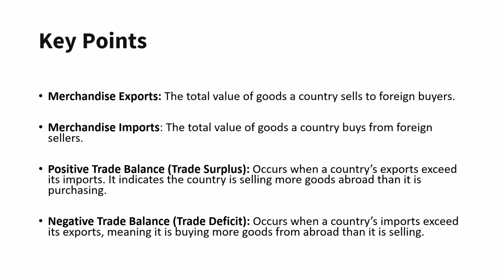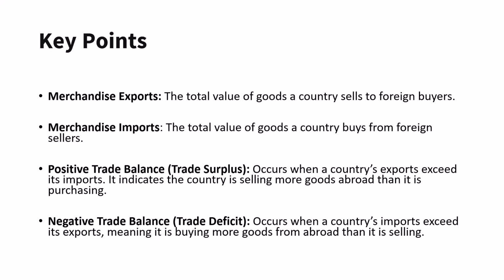If a country's exports exceed its imports, it indicates that the country is selling more goods abroad than it is purchasing. When you are selling more than you are purchasing, it's a positive trade balance, and that is going to positively impact the economic health of Ghana.